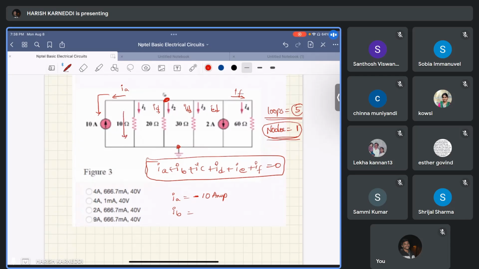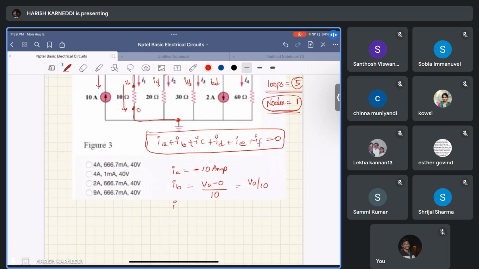How can we find it? We need the potential difference across this 10 ohm. The top point of the 10 ohm is connected to VA and the bottom point is connected to the reference point. So here the voltage is VA and here it is 0. The potential difference is VA minus 0, divided by the resistance, 10 ohm. So IB is VA by 10. We can write it like this.